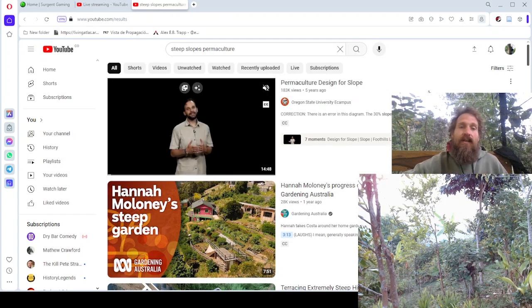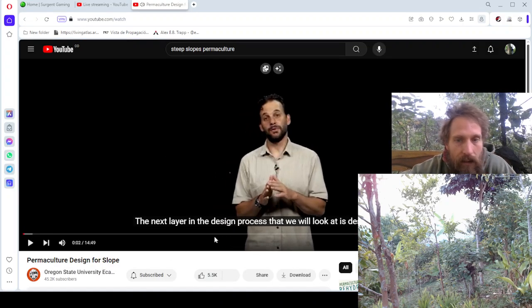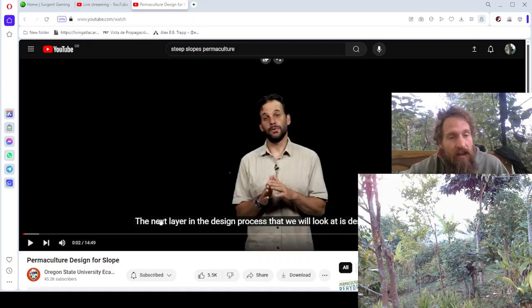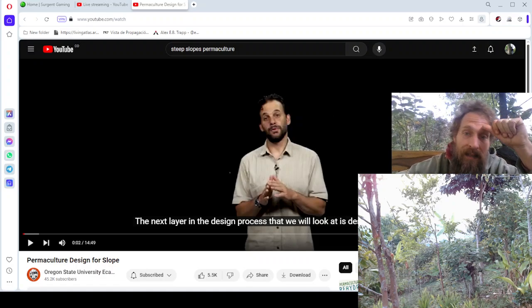But one of the first things I really wanted to talk about, the next layer in the design process, is steep slopes. I saw this great video, Permaculture Design for Slope, and it really encompasses everything that I have noticed is the problem with slopes. In the literature, in the milieu of ecological restoration, permaculture especially, the reality of slopes is different when you get to, let's say, the Andes Mountains and really mountainous regions.